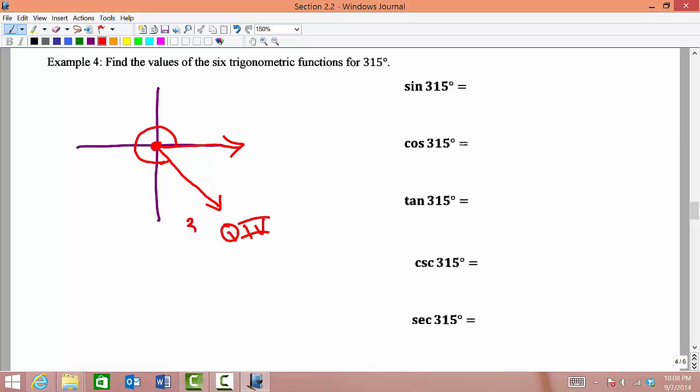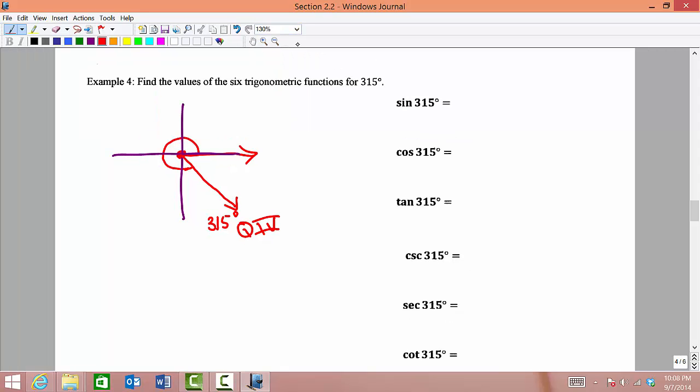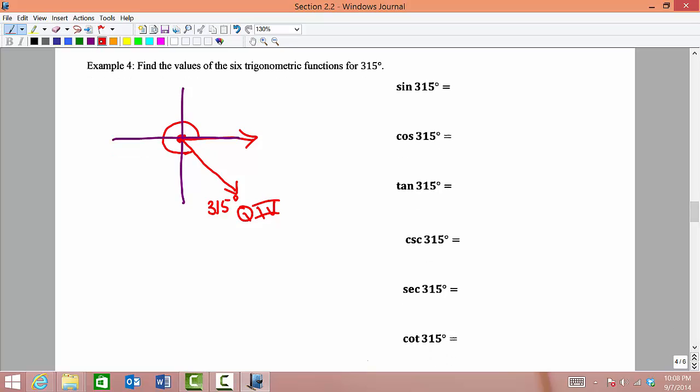And remember that the reason why I want to know the quadrant is I want to know the signs of all of my trig functions. So, what functions are positive in quadrant 4? Well, that would be cosine and secant. Everything else will be negative, so I can already put my signs in.